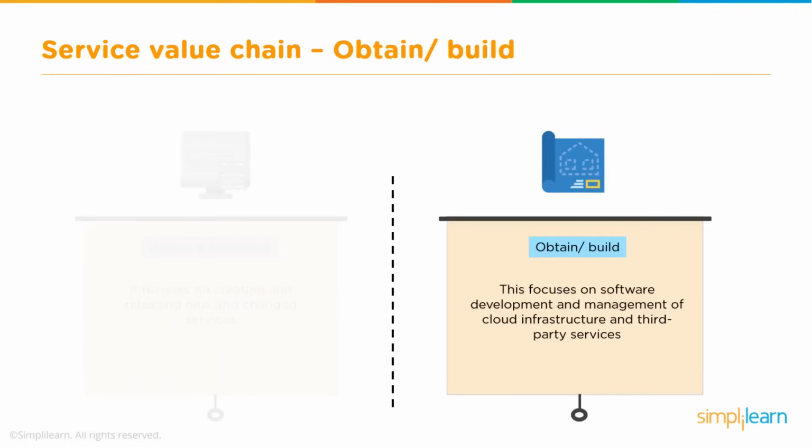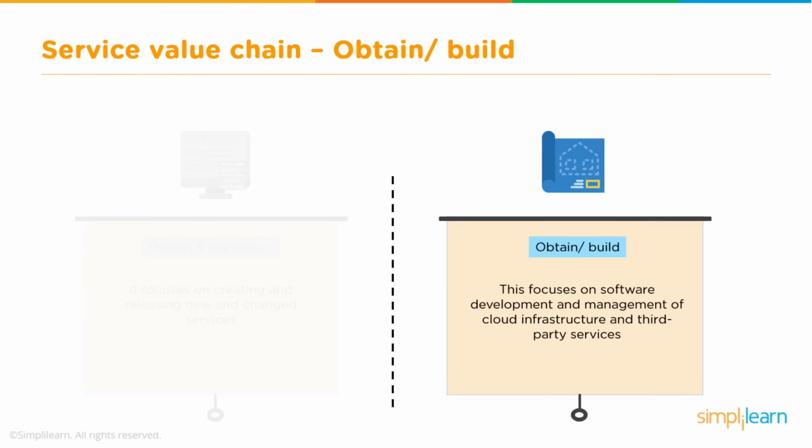Further, obtain and build. Obtain and build focuses on development and management of the infrastructure and applications. So obtain means you acquire resources, you acquire components, infrastructure components like servers, storage, database or application platforms, the testing platforms. You test those, you make them ready, you set up the environment required for creation of services, transition of services.